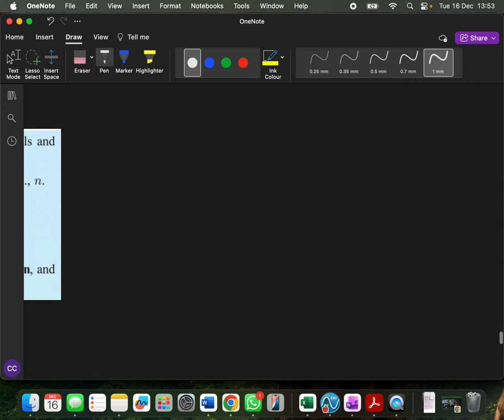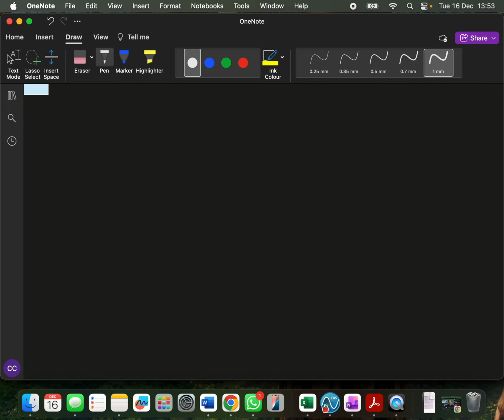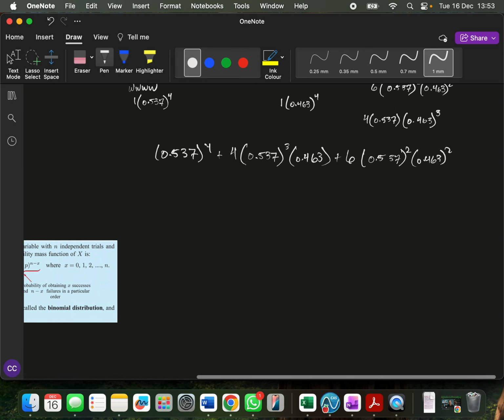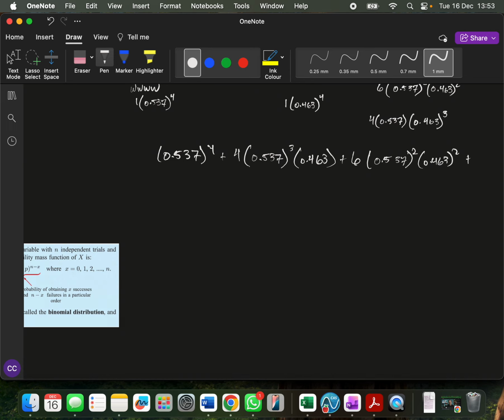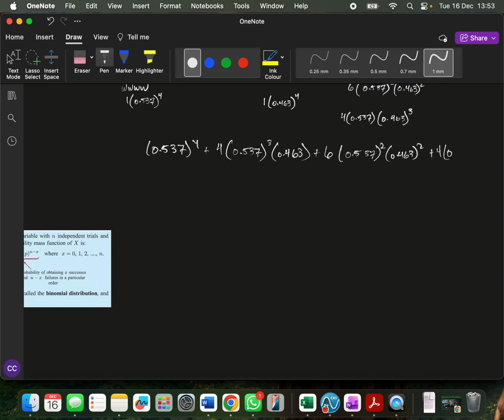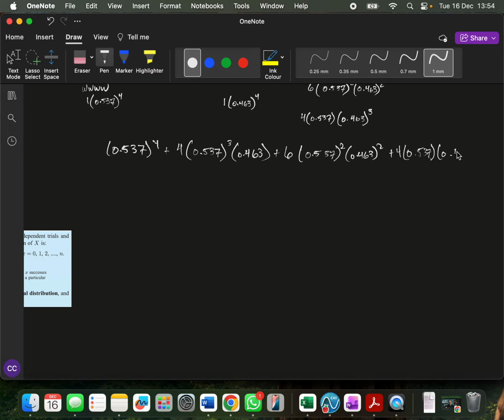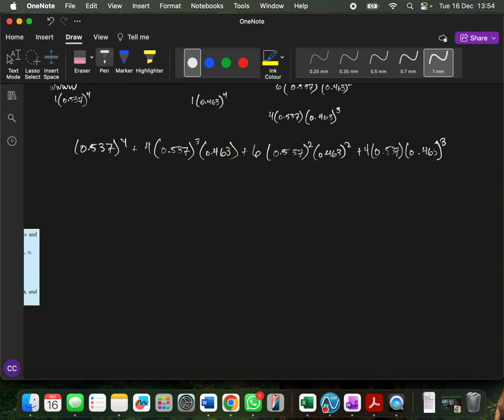We're going to make this work, don't you worry. Maybe I won't, because it is not cooperating at all. And then plus 4 times 0.537 times 0.463 cubed, and then 0.463 to the fourth.